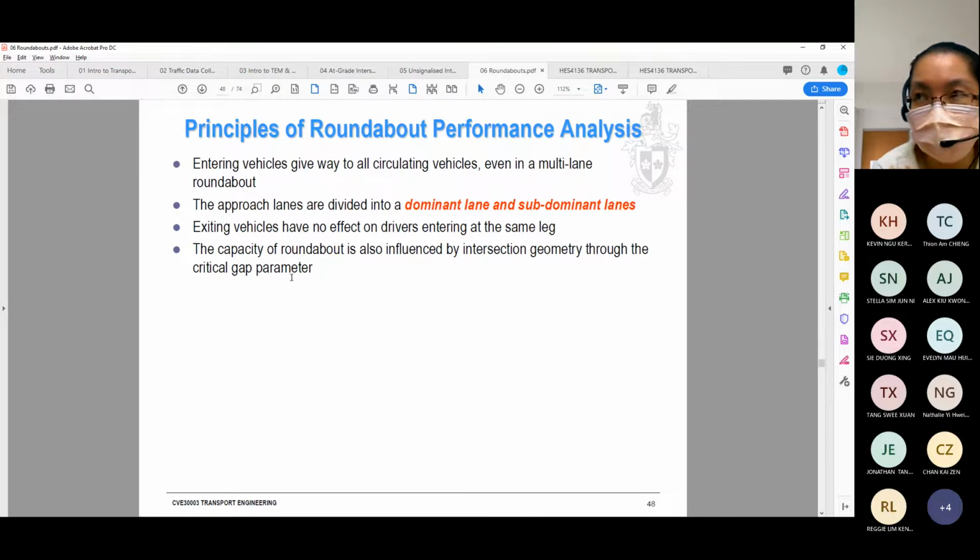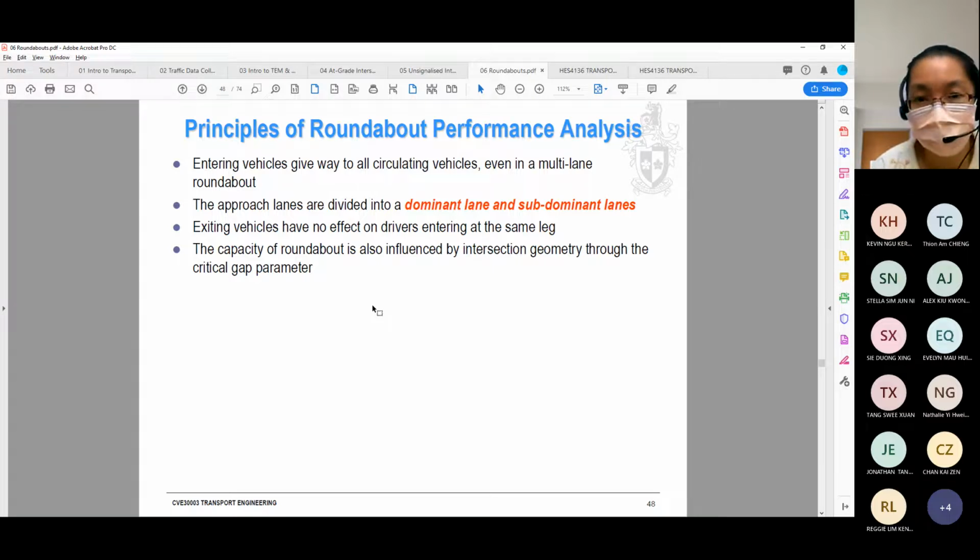And then in the second half of the roundabout topic, we looked at the performance analysis, where we have to determine whether it is a single lane roundabout or a multi-lane or 2-lane roundabout.